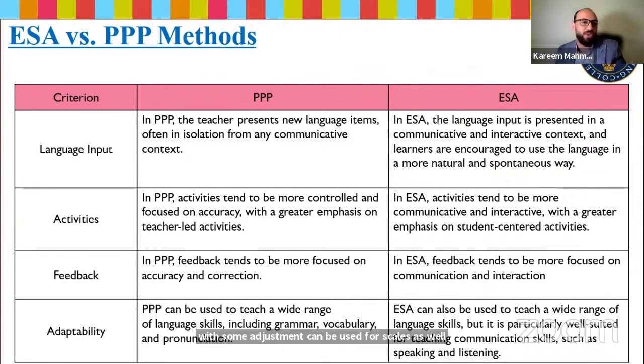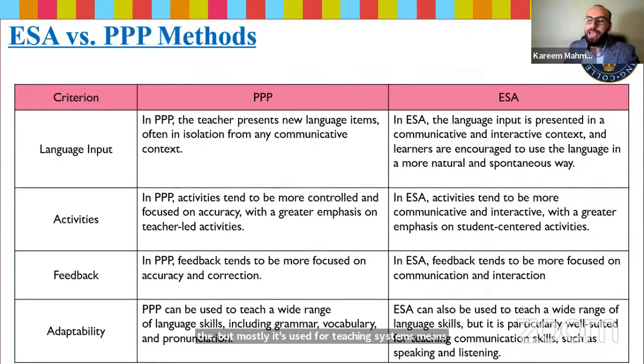Like I can teach writing using the PPP. I will do the presentation on how to write an email from A to Z. And then at the production, I will ask them to do the product approach, for example. They will write and I will mark this at home. So with a little bit of change, I can still use the PPP. But mostly it's used for teaching systems, meaning vocabulary, grammar, discourse, and pronunciation.